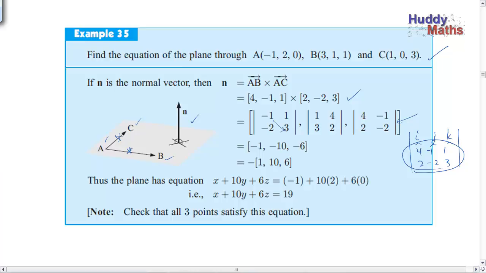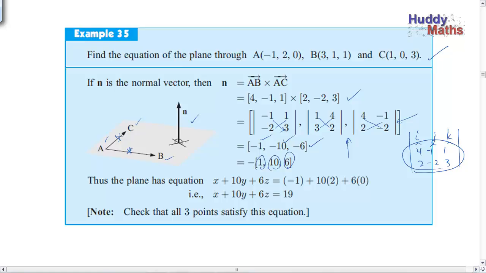It's AD, that's neg 3, take neg 2 by 1, which is plus 2, which is neg 1, and so on. 2, take 12, neg 10. Neg 8, take neg 2 or plus 2, which is neg 6. Okay, just remember the determinants in here of those 2x2s. Right, so you have the normal vector, and therefore you're going to use these as the coefficients.